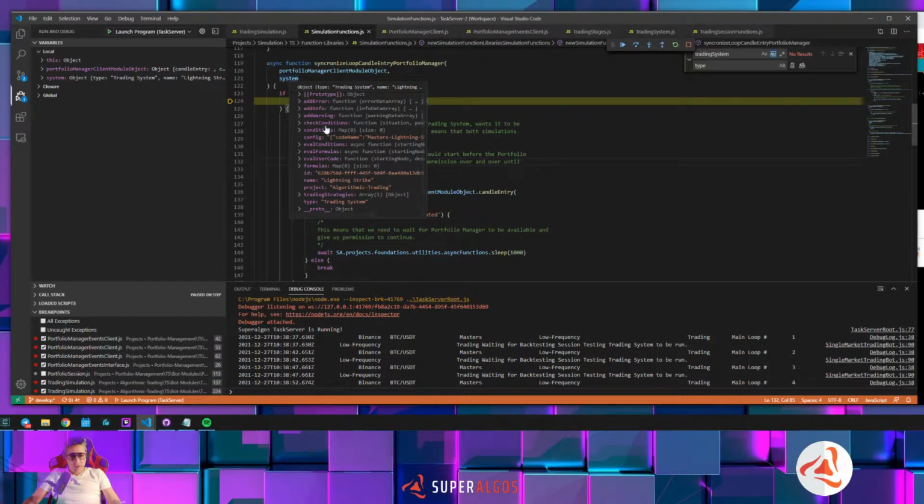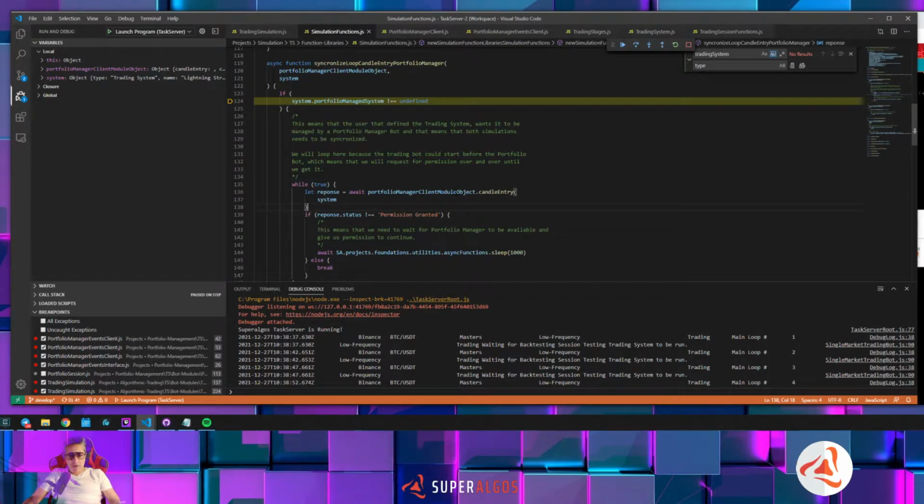But anyways, the thing is that this property, portfolio manage system, is not there.